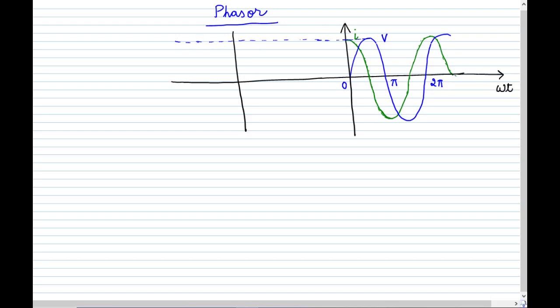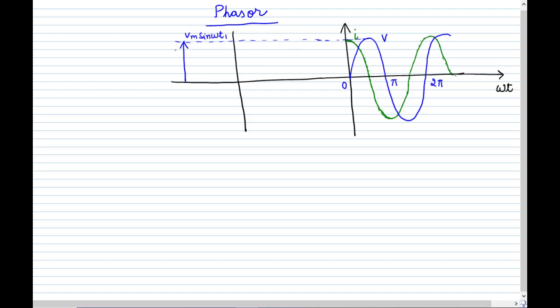And this vector shows Vm sin omega t1 at any instant t1. So say that this is any instant, and similarly you can draw for the current, that this is the maximum value of the current.